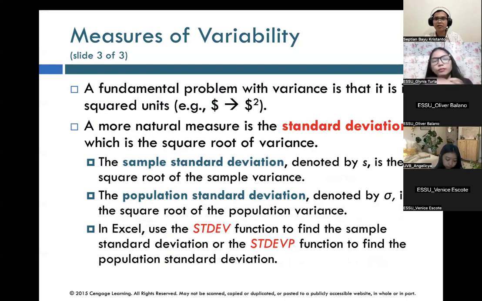What is the meaning of the standard deviation? It tells you about the fundamental problem with the data, meaning the real error contained in your samples or populations. So you can find the standard deviation by taking the square root of your variance formula.